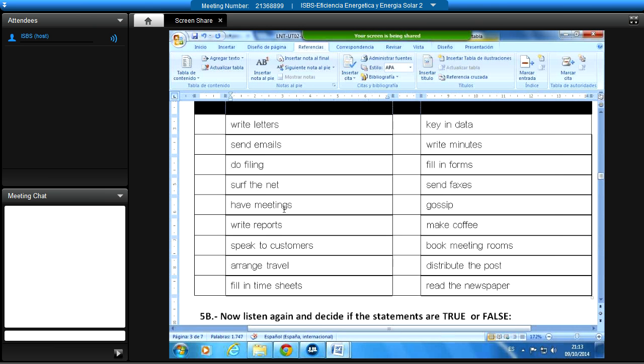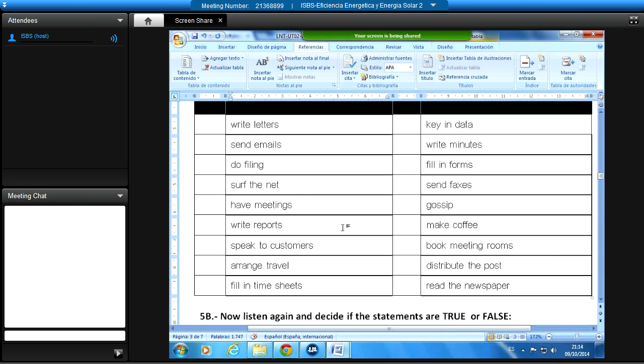So to surf the net is to use the internet, to have meetings, to write reports, a report. For example, you go to the doctor and you can receive a medical report. If the police witness an accident, they write a police report, or a news report.